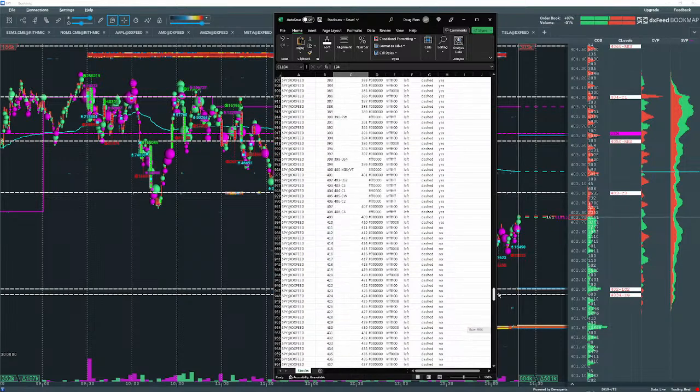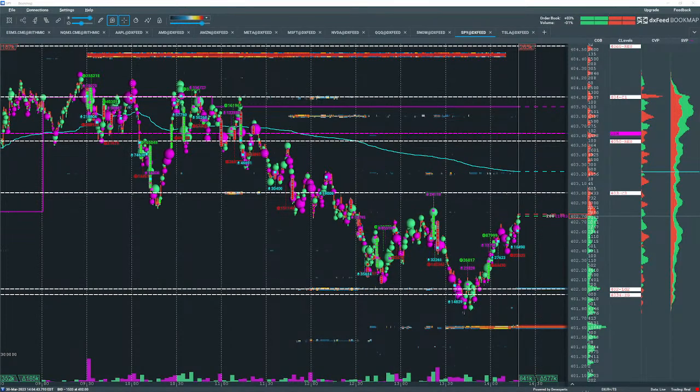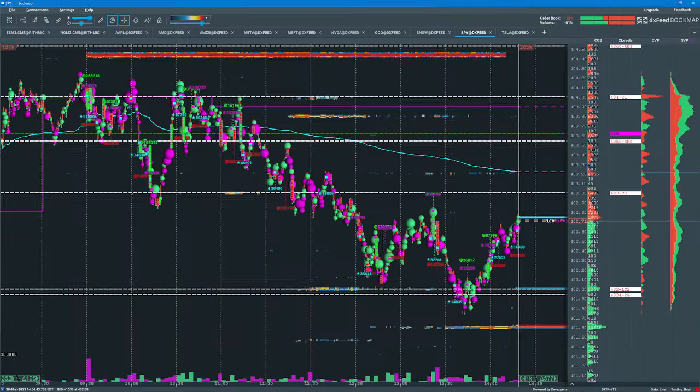Here are the main levels in SPY. I think you can do this on your own without this add-on. The add-on just makes it easier, and it also draws the horizontal lines, which I like. I like to see the horizontal lines. So that's how I'm showing the gamma levels on my chart for stocks.